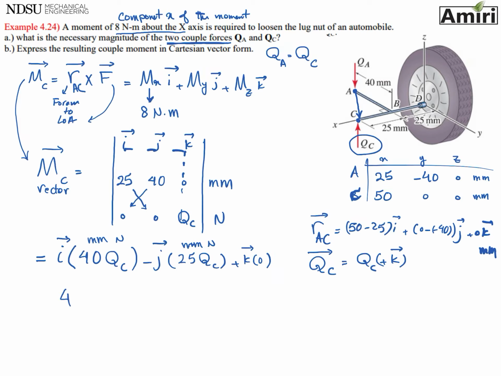So I get 40 QC i minus 25 QC j as my moment.